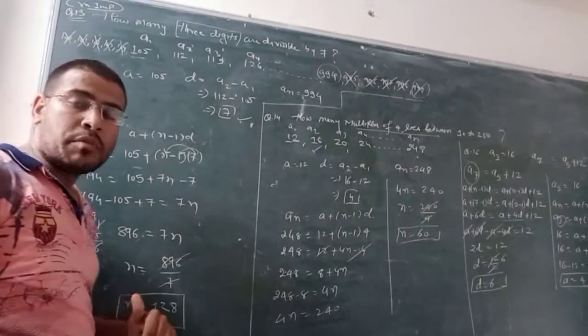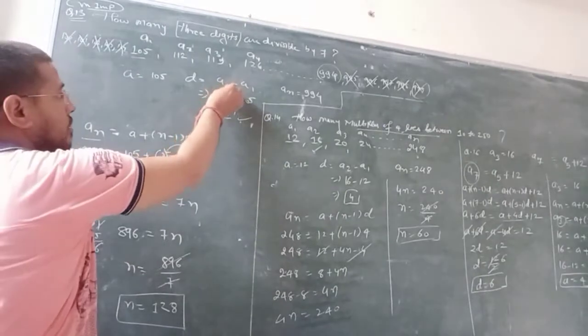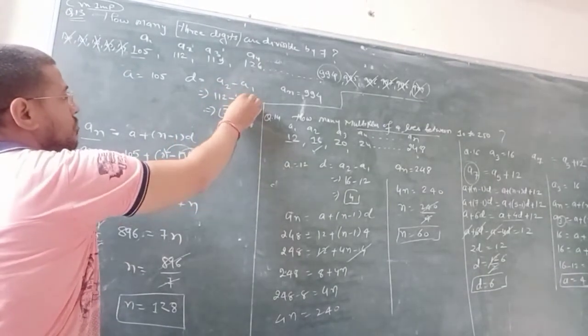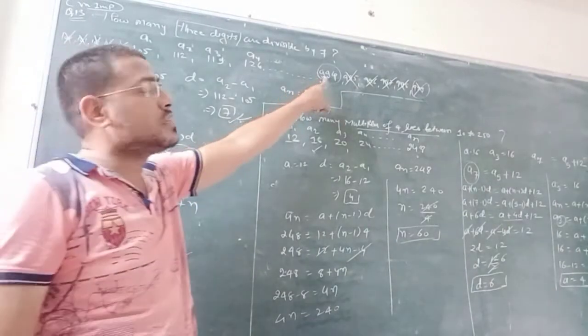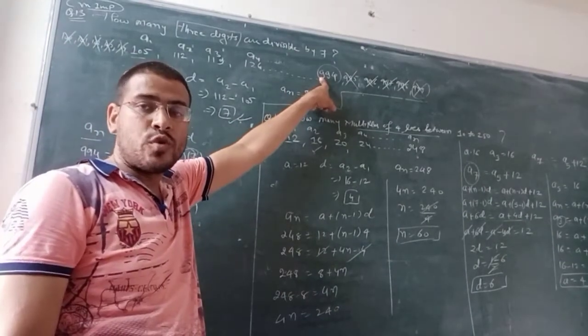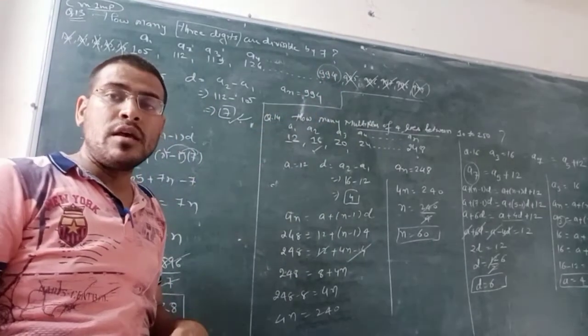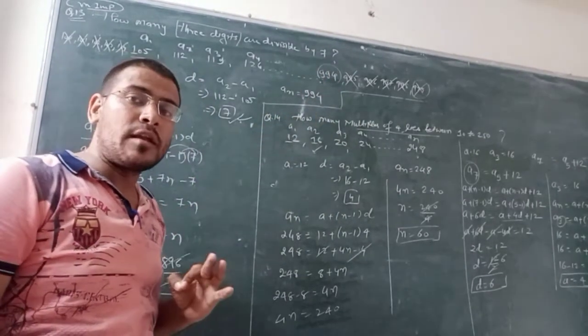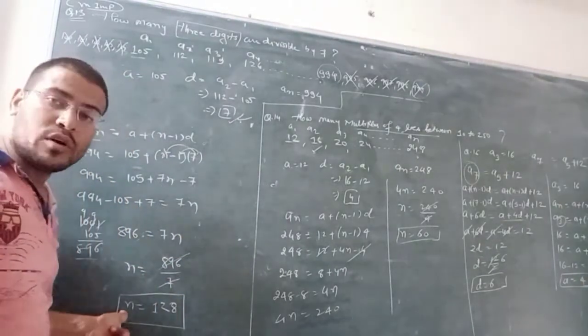We will find the same difference everywhere, right friends? So we have done the same. 112 minus 105 gives a difference, that is 7. And the last number given is 994. It means that AN is given. Now, whenever AN is given, it clearly indicates that you have to find the value of N.